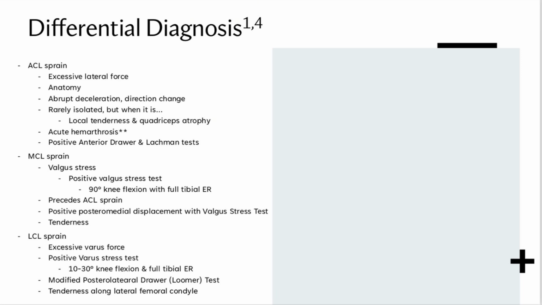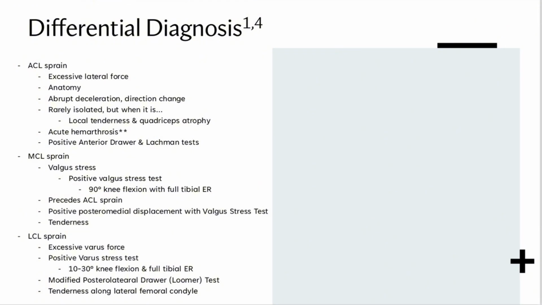Okay, for an MCL sprain, it often occurs by excessive valgus force to the knee, meaning that the force begins on the outside of the knee and translates medially, unlike the PCL sprain. Additionally, unlike the PCL sprain, where it often occurs in isolation, the MCL sprain will often precede an ACL sprain, meaning that the two will often occur together, and rarely does the MCL sprain happen without another structure being injured.